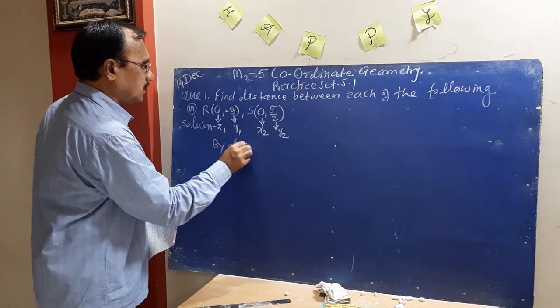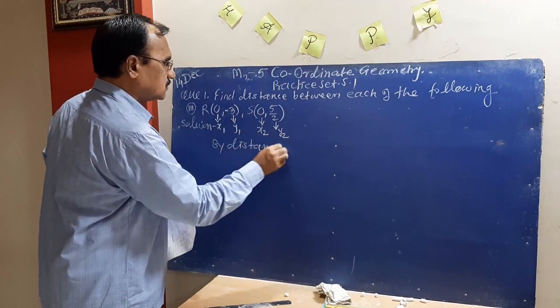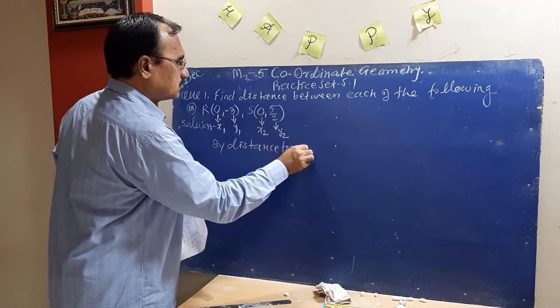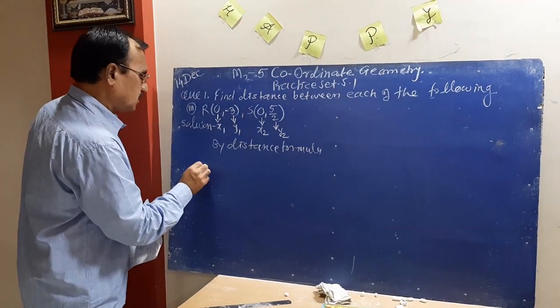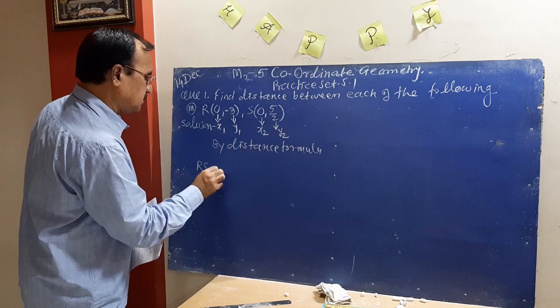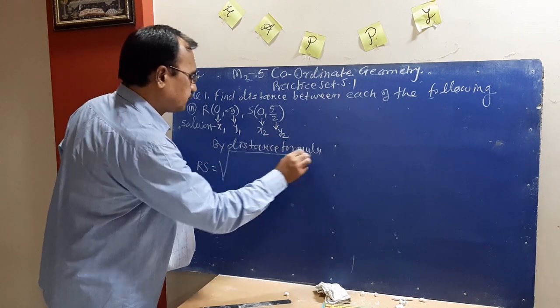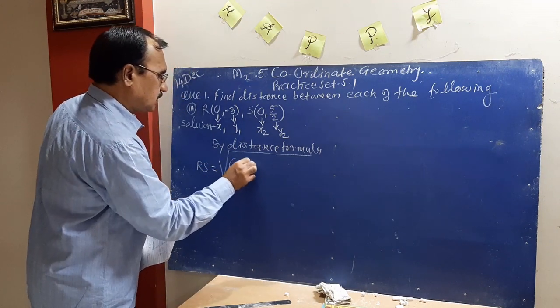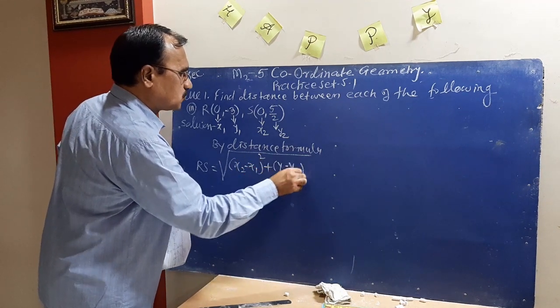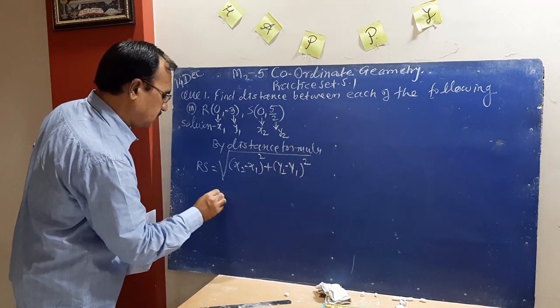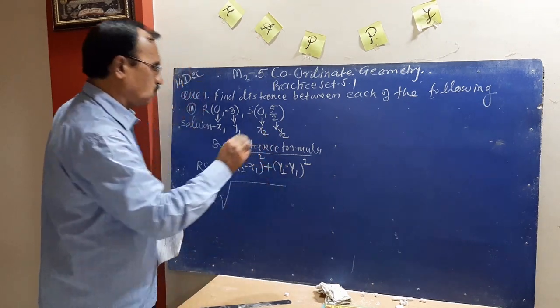By distance formula, distance RS is equal to under root (x2 minus x1) whole square plus (y2 minus y1) whole square.